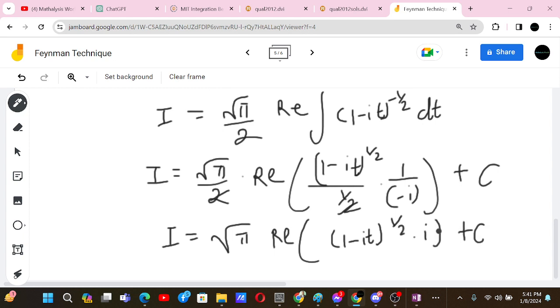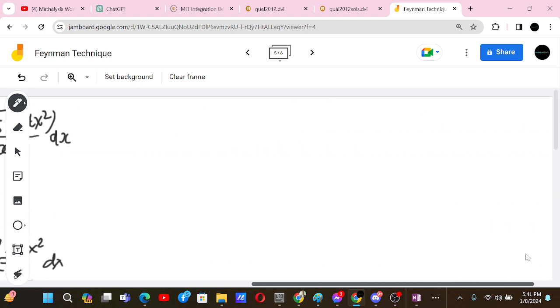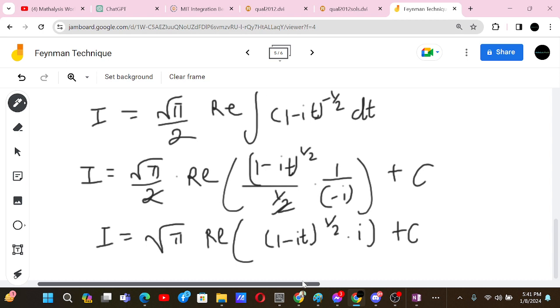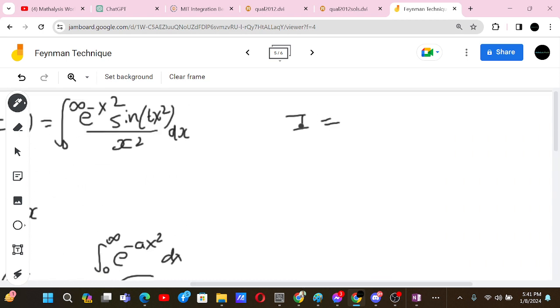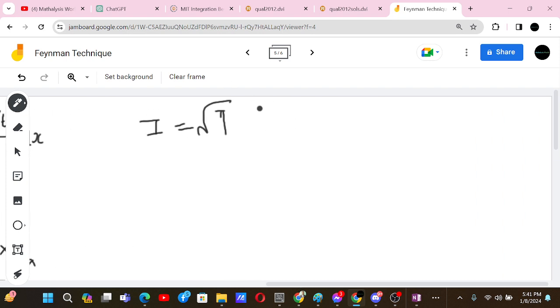Now you can take i inside. Let me continue it over here. I equals root pi, the real part of 1 minus it to the power half times i, plus c.